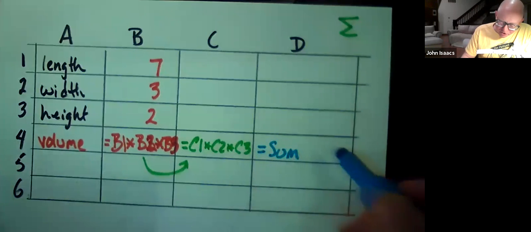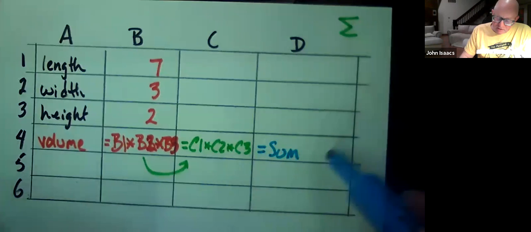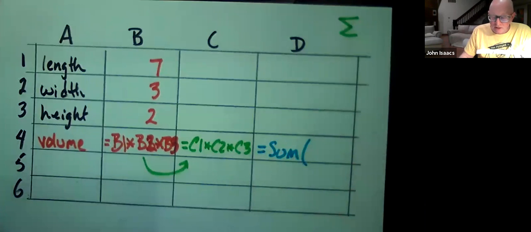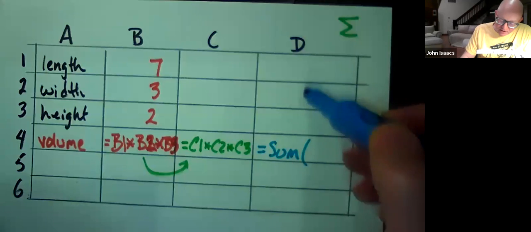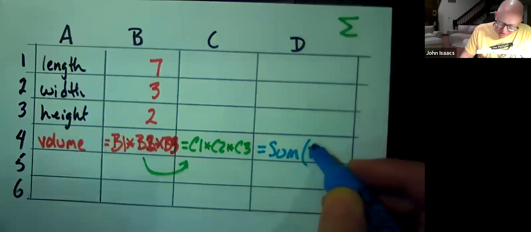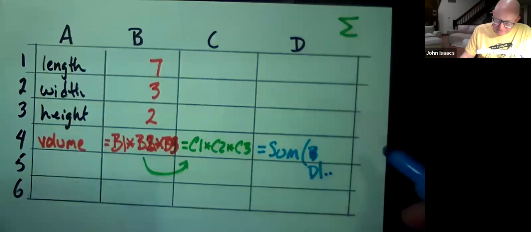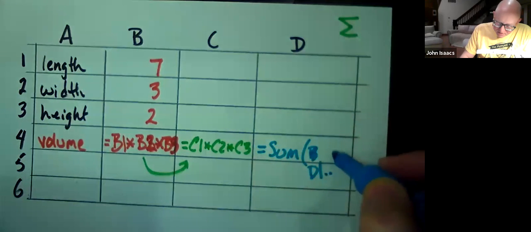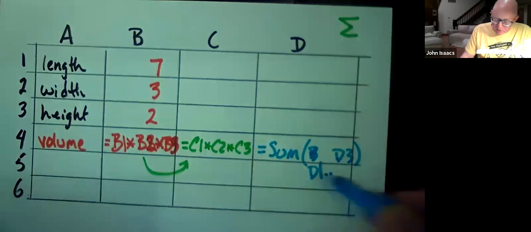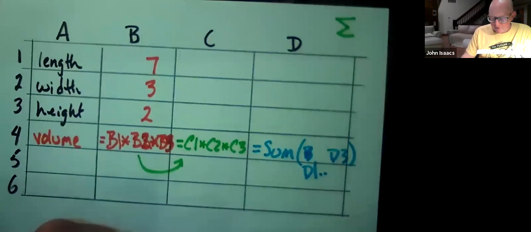the sum function works as a range. So when you select the sum function, it brings this thing up that has a parenthesis on it already, and you're supposed to select cells. And when you select these 3 cells, for example, D1 to D3, it will say D1 colon D3. And what that'll do is add up whatever numbers are here.